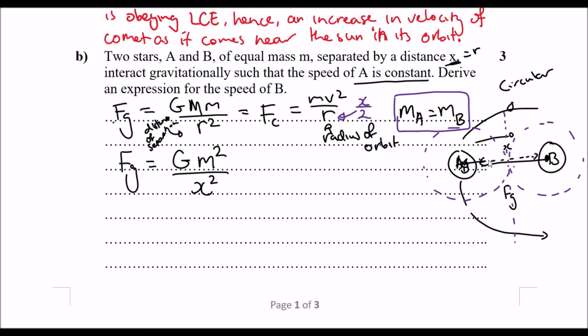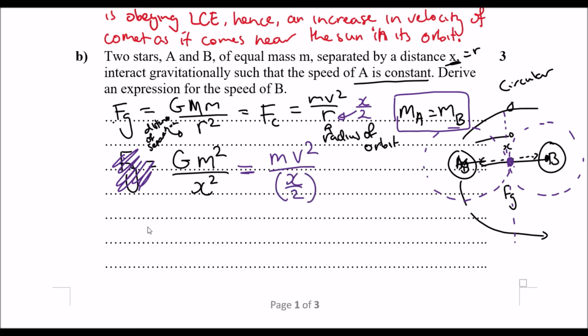So our center of orbit is somewhere along the line where they rotate around each other like that. So if I substitute x divided by 2 into r here, I'll get rid of this component. It'll look something like this. This is what our equation will end up looking like.